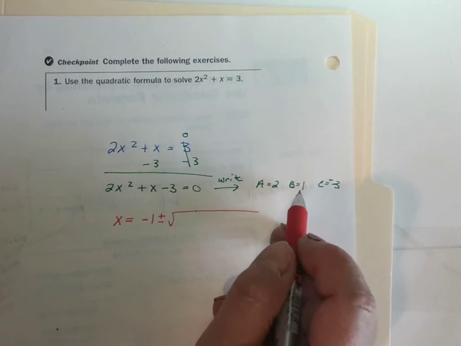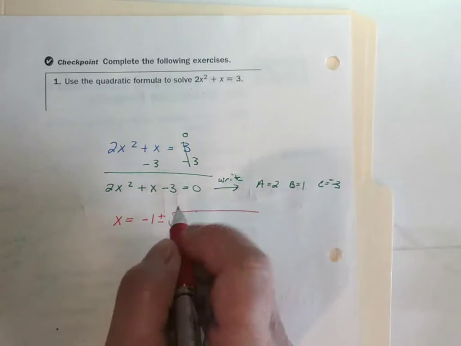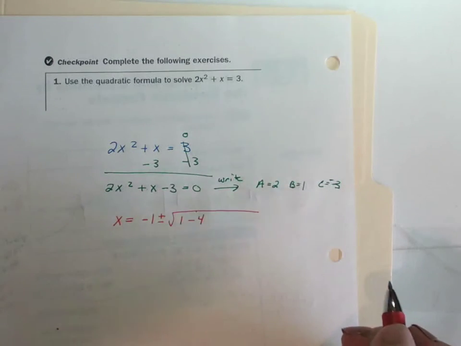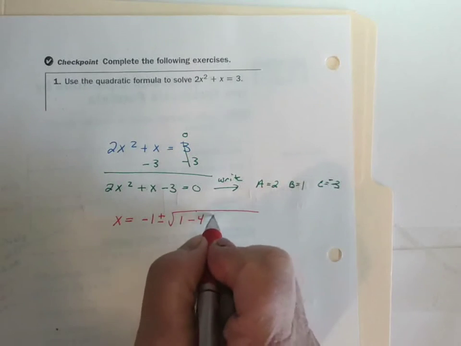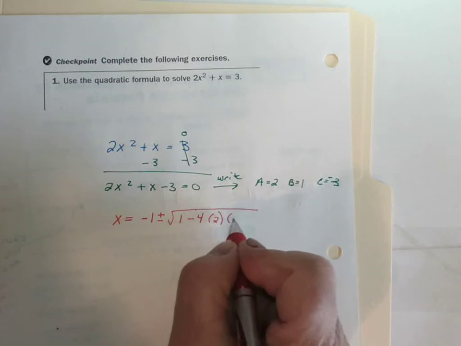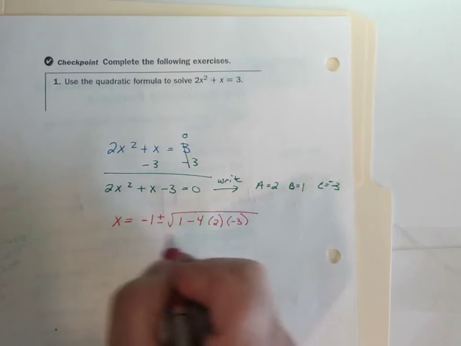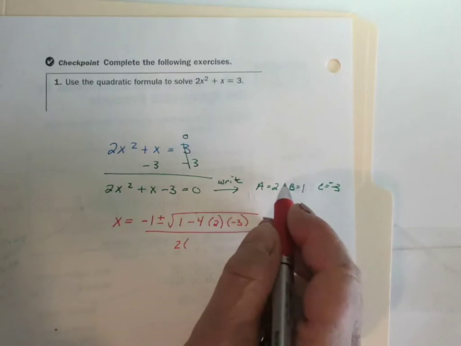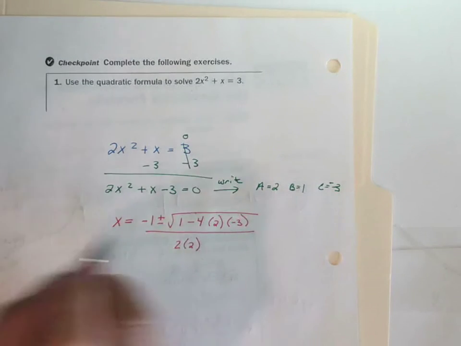And because people always make mistakes when this B is negative, just square that mentally. So 1 squared is 1 minus 4. A is 2. C is -3. All divided by 2 times A, which is 2.